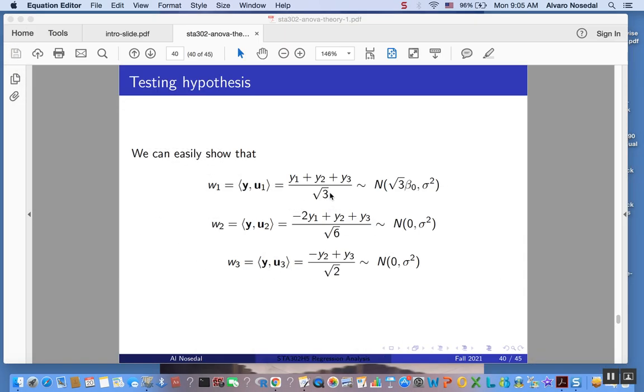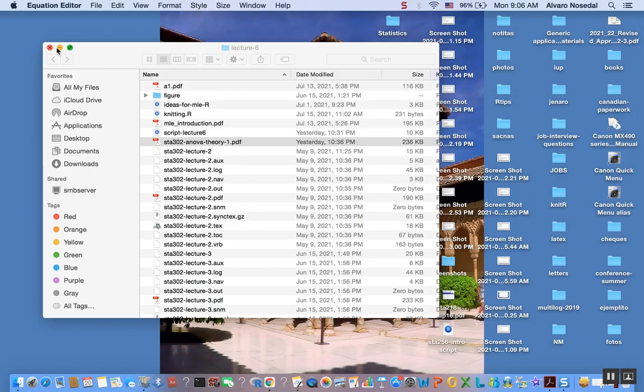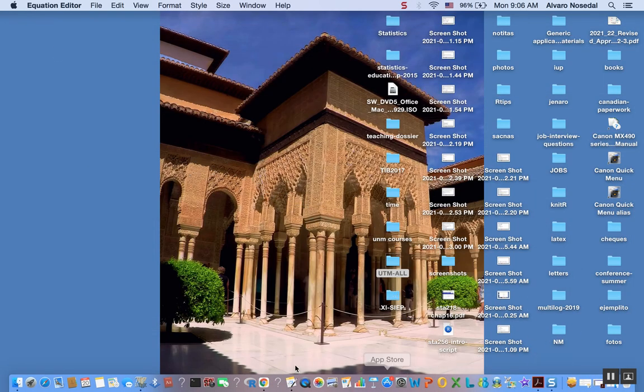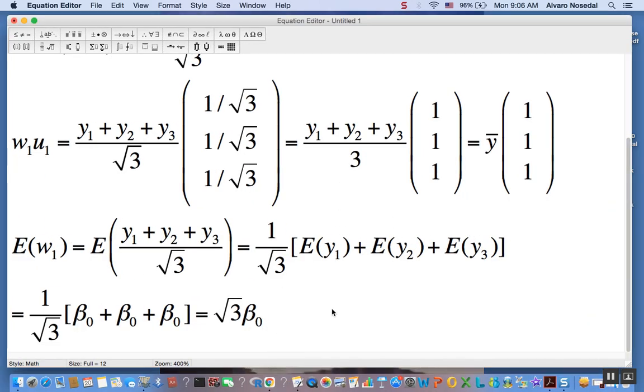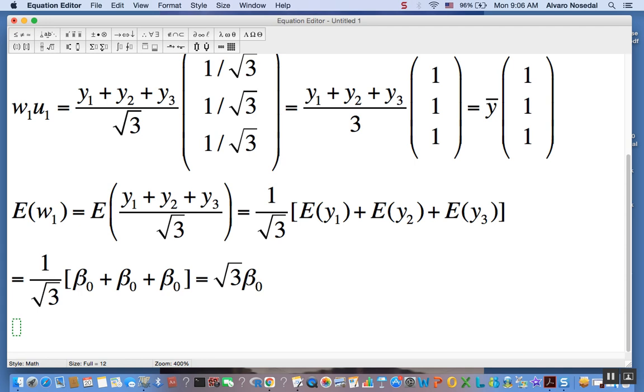Right? So W1, that first weight, that first coefficient, is a linear combination of normals, so it has a normal distribution, with expected value square root of 3 times beta 0. And we could do something similar for the variance of W1. It would be just the variance of this.